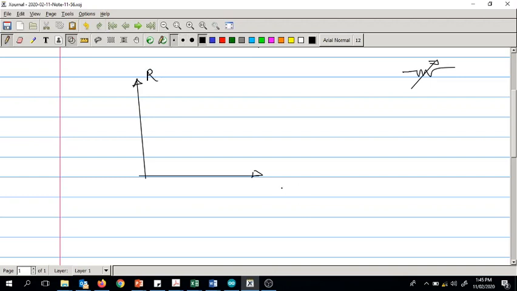So the variation of resistance with temperature is positive in PTC, positive temperature coefficient, and it is negative in negative temperature coefficient. And you can see that these two curves I have drawn are not straight lines. They are not straight lines actually. Right? The relationship is not linear. It is a curve.